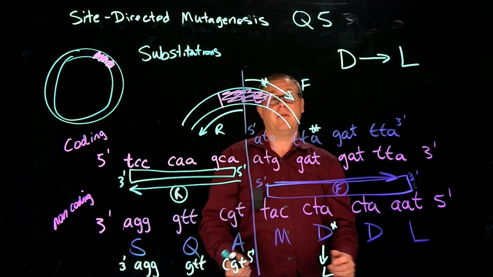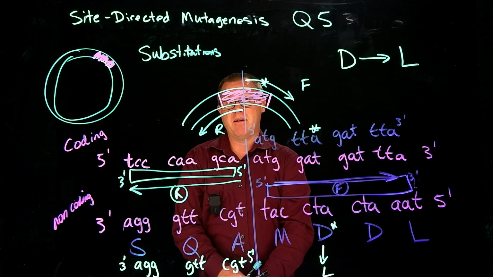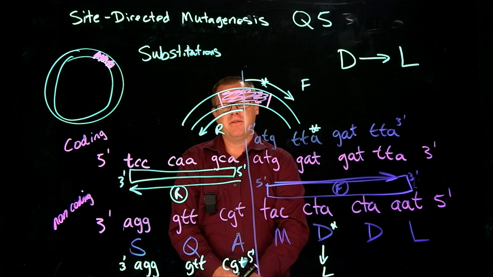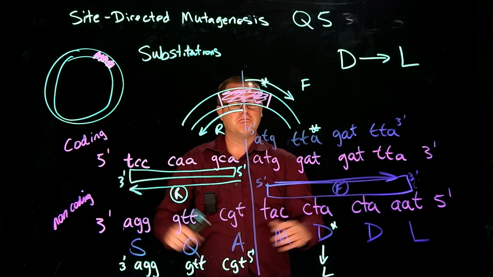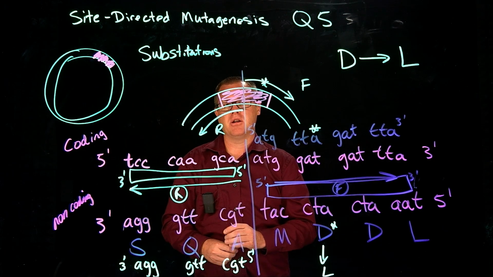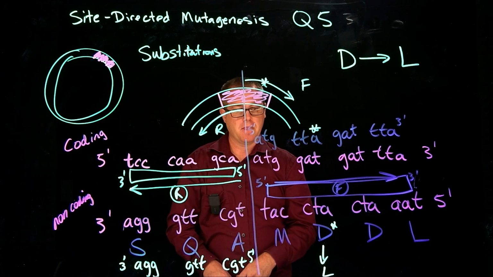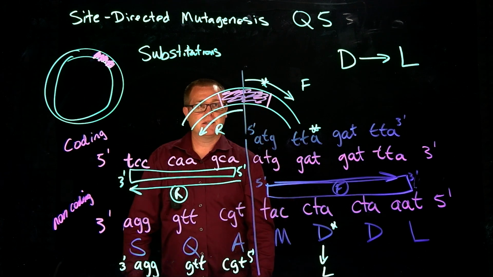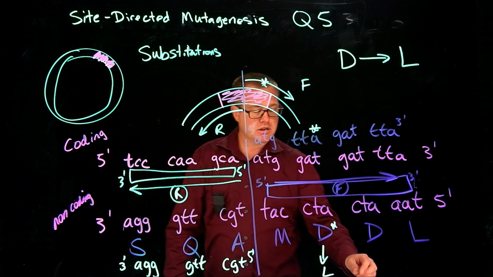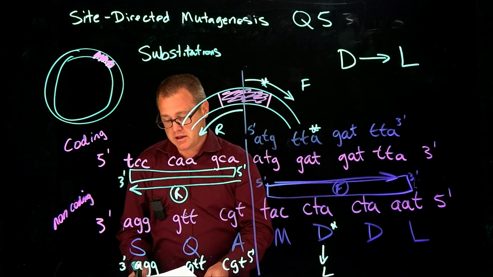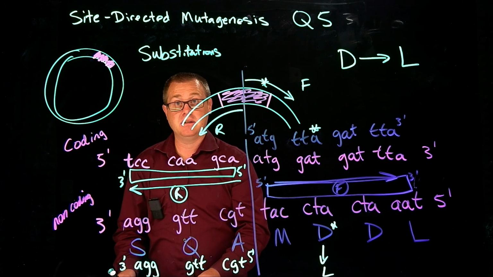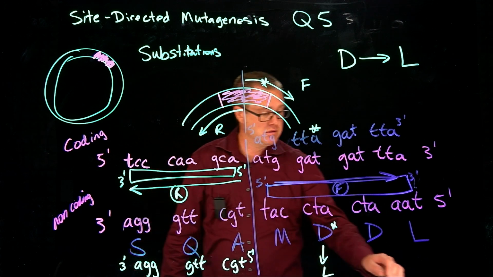And if you really have to do this in a lab in real life, then you would make your primers much larger and follow those techniques. So that's what I want you guys to know. So now let's move on to a deletion and see how that works.